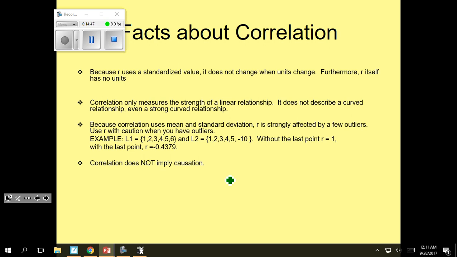It could be a result of a common response to something else, or perhaps a confounding issue. We'll talk about these things later, but for now, remember, correlation does not imply causation. Just because they both go up together, or when one goes up, the other goes down, doesn't mean that that relationship is a cause and effect relationship.